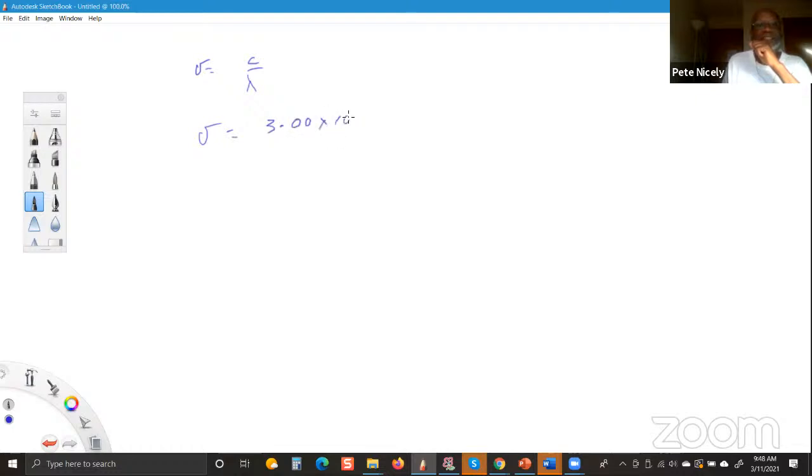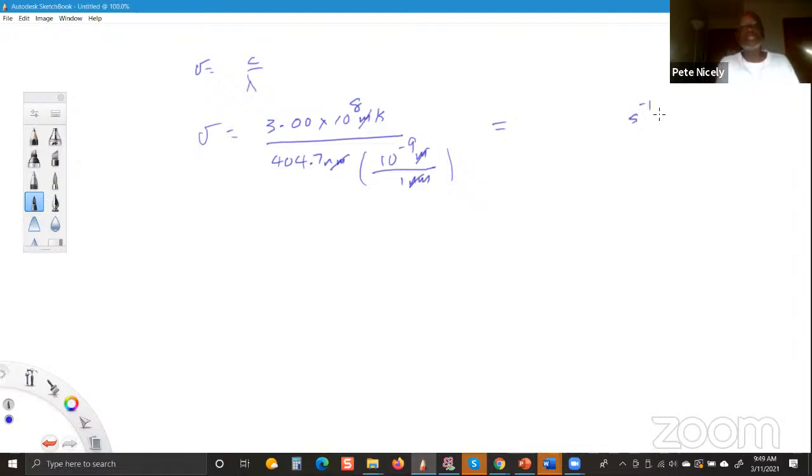So we set this up as nu is equal to 3.00 times 10 to the 8 meters per second divided by the wavelength, which is 404.7 nanometers. And then I multiply that by, to convert from nanometers to meters, 10 to the minus 9 meters equal to 1 nanometer. So this cancels with that. This cancels with that. So the only unit remaining would be seconds to the minus 1.